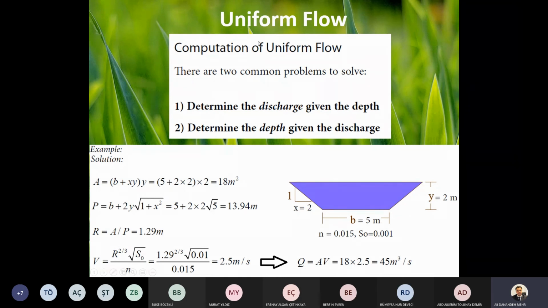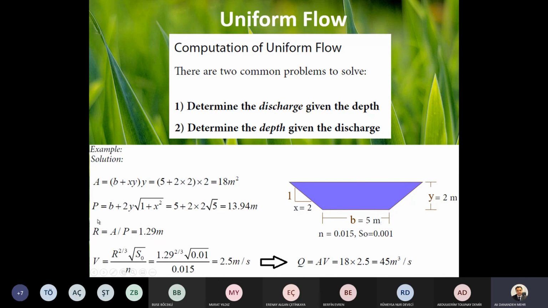Very simple question, yes, very simple. The first type of these problems in uniform flow is really simple. What I should do, I only calculate the cross-sectional area of this trapezoid and wetted perimeter, like this. These sides plus the base of this trapezoid equals this value, and hydraulic radius equals 1.29.